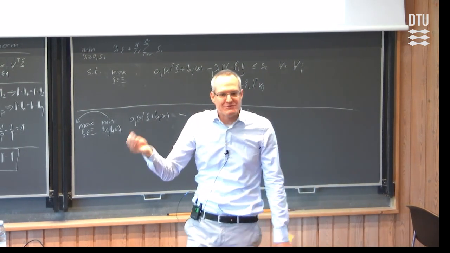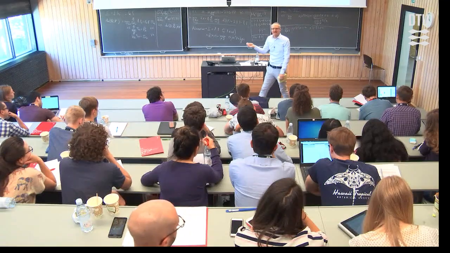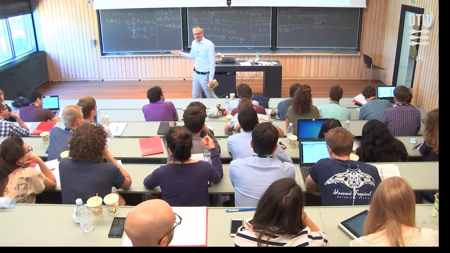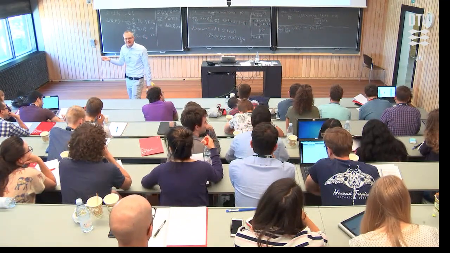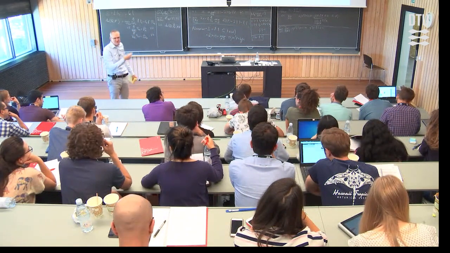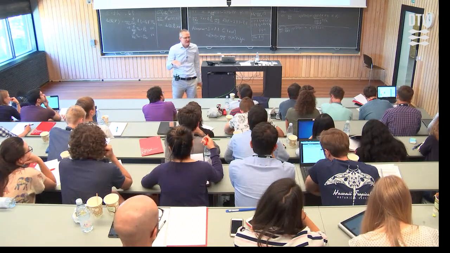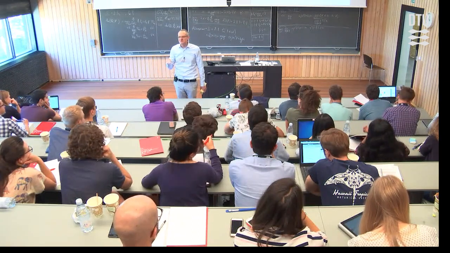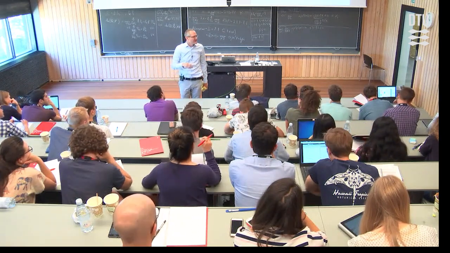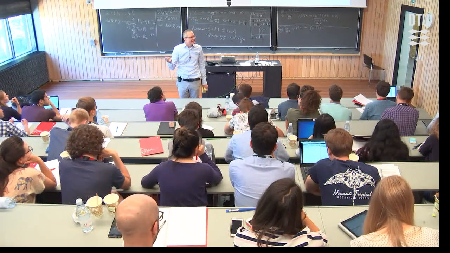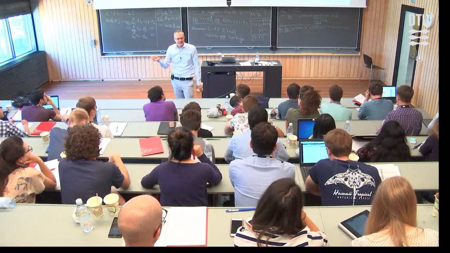Now I can drop the minimum again. And it's again an argument with the buildings in New York. If I say the smallest of all buildings in New York has a height of less than 100 meters or 50 meters, then it's the same as saying there exists a building in New York whose height is less than 50 meters.